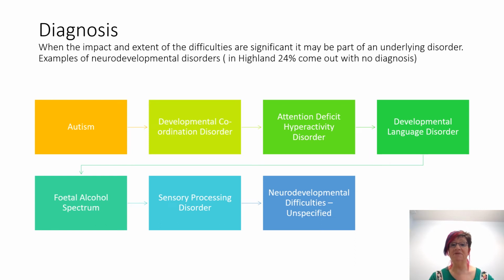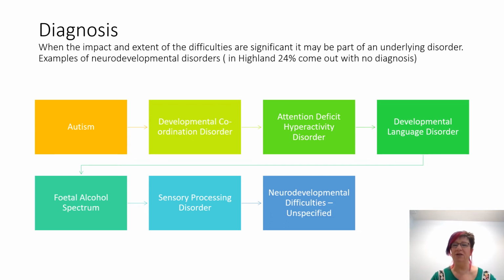So the diagnosis for your child might come out as your child having autism, developmental coordination disorder, attention deficit hyperactivity disorder, developmental language disorder, fetal alcohol syndrome, sensory processing disorder, or neurodevelopmental difficulties unspecified. A parent recently came to me asking, my child's got this diagnosis, but I don't know what it means.